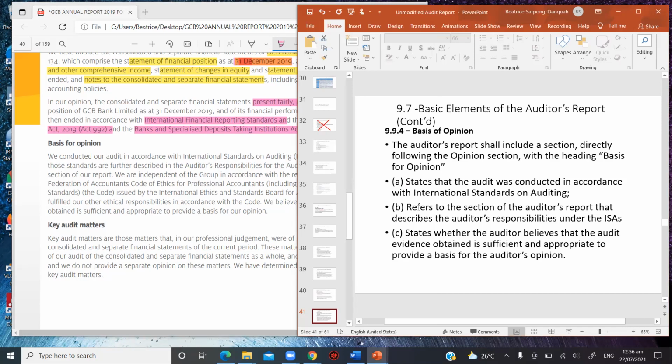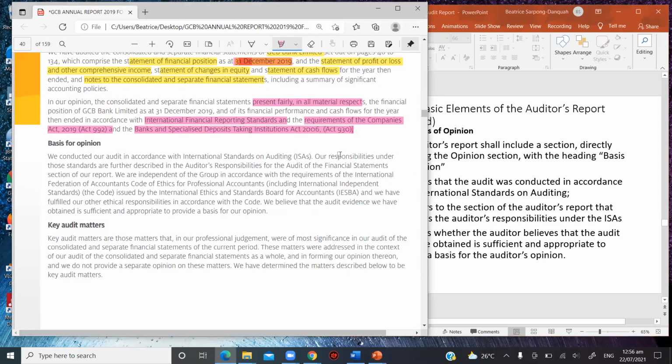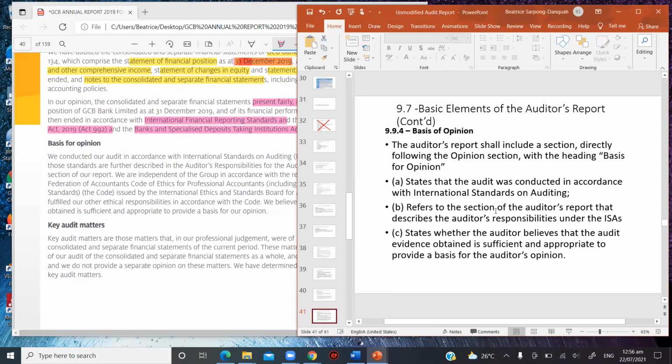It will continue to refer to the section of the auditor's report that describes the auditor's responsibility under the standards. Our responsibilities under those standards are further described in the auditor's responsibilities for the audit of the financial statements. So here it is referring you to the auditor's responsibility paragraph.